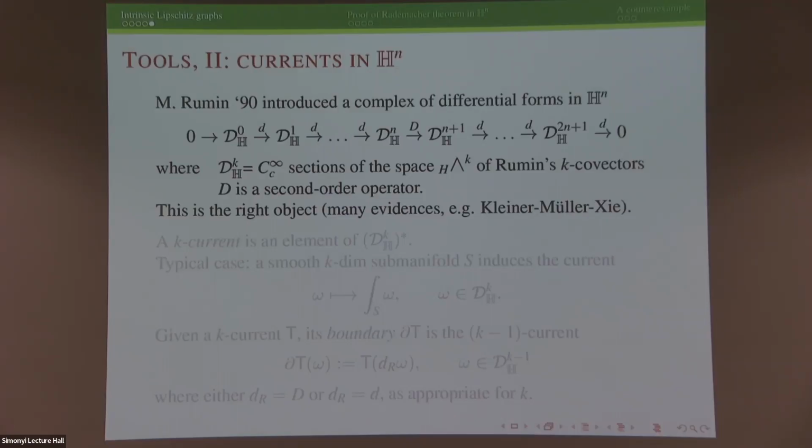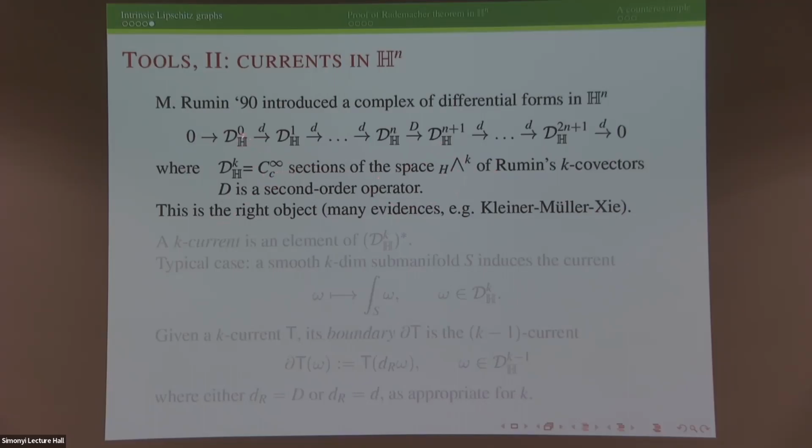That's not completely true, but in a first approximation, we can think of these spaces as subsets of smooth K forms with compact support. To be more precise, Rumin finds a certain space of k-dimensional covectors, so that these forms are exactly the smooth, compactly supported sections of this space. Which I will call just Rumin's covectors.